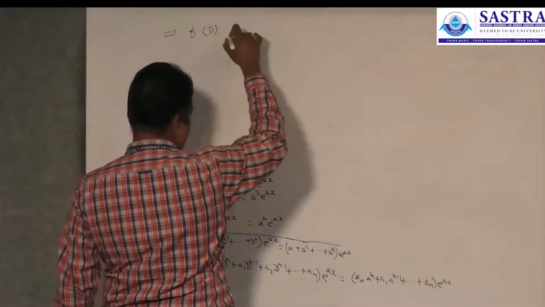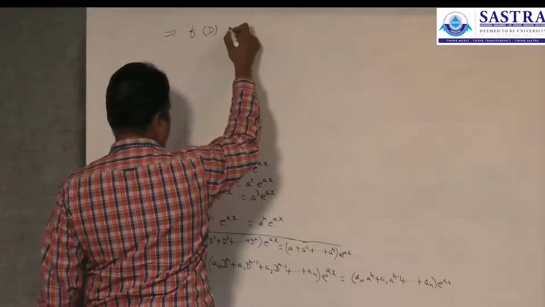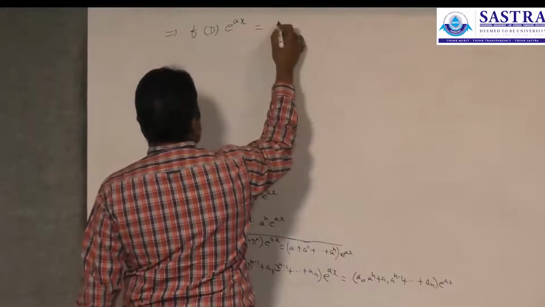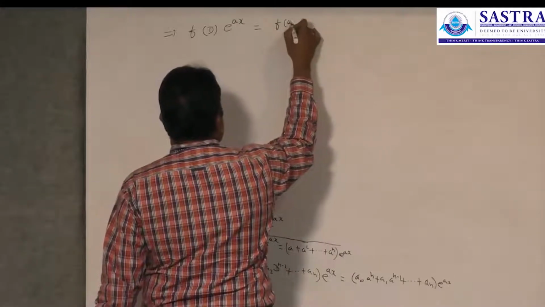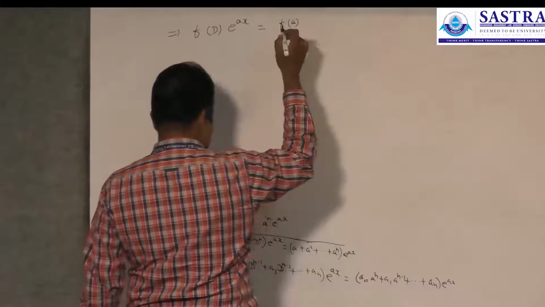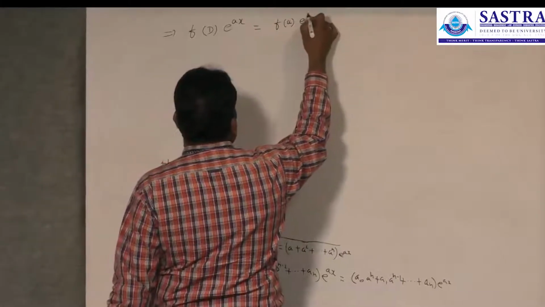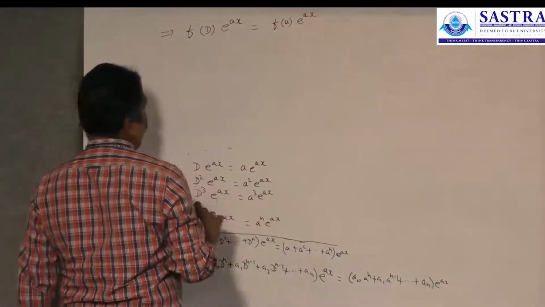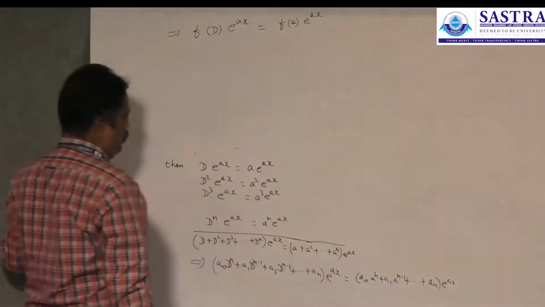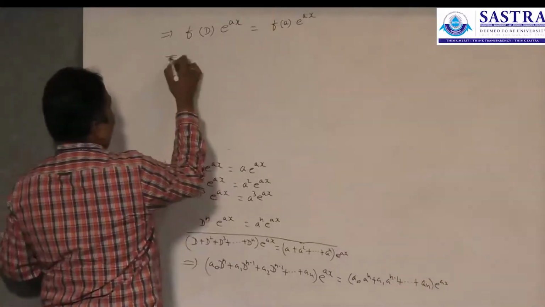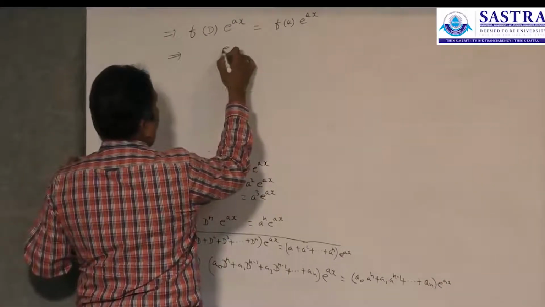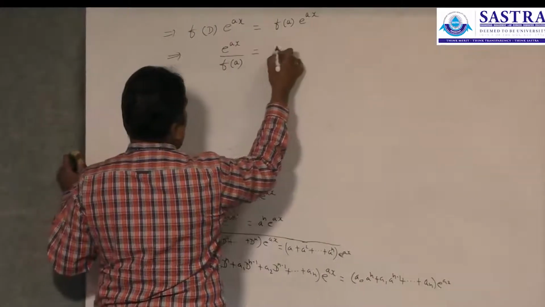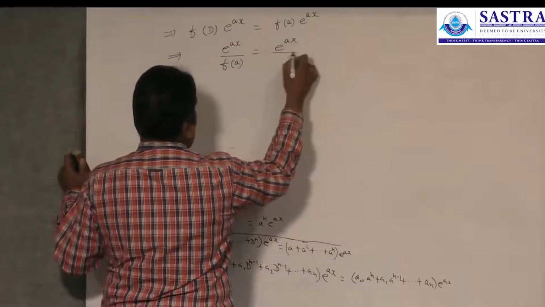That is, f(D) e^(ax) is equal to f(a) e^(ax), which implies that e^(ax) by f(a) is equal to e^(ax) by f(D).